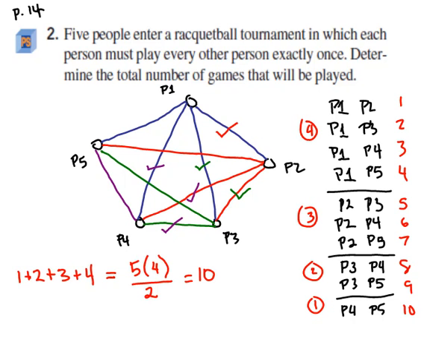Now, I use the formula for triangular numbers, since we have the sum of the first 4 positive integers. However, you have to be a little bit careful in this case because although we're playing with 5 people, we're not going to do n equals 5, which would be 5 times 6 divided by 2, and that would give us 15.